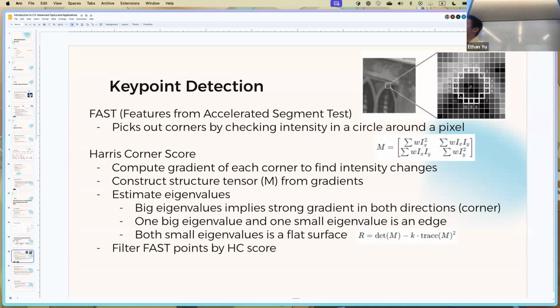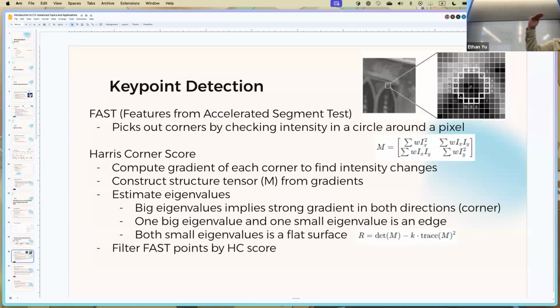Basically, if both eigenvalues are large, R will be bigger. If both are small, it'll be smaller. And what you can use this for is, if we have both big eigenvalues, it's likely a corner, because that means when we go in the X direction and when we go in the Y direction, there's a big intensity change. If we have one big eigenvalue and one small eigenvalue, that usually means we're probably along some sort of edge.